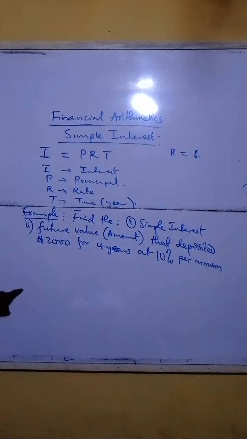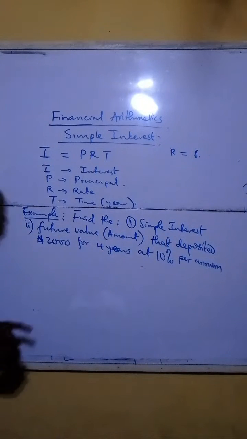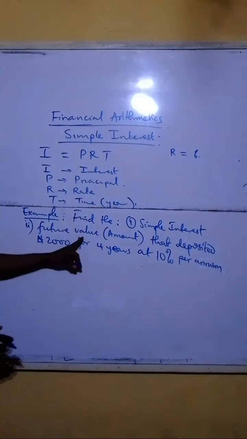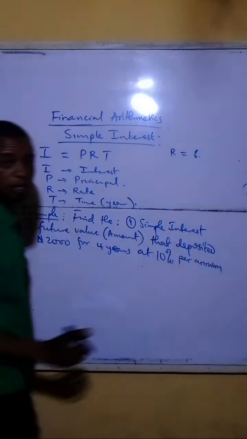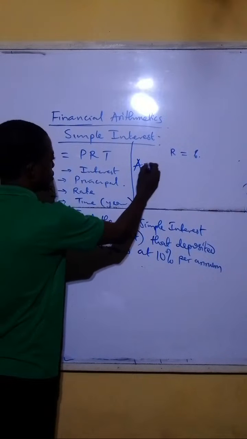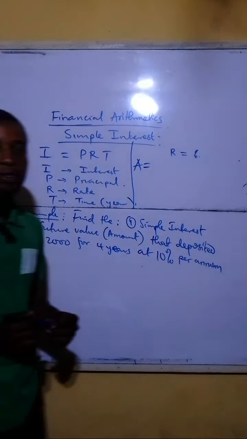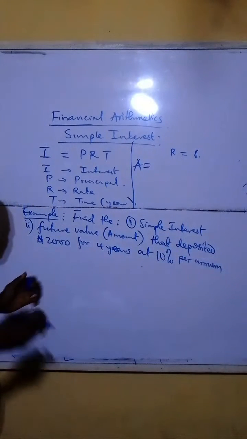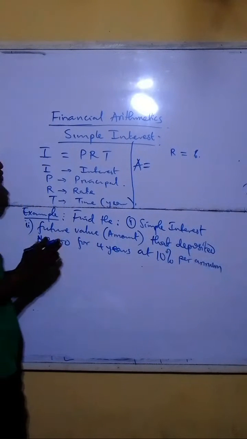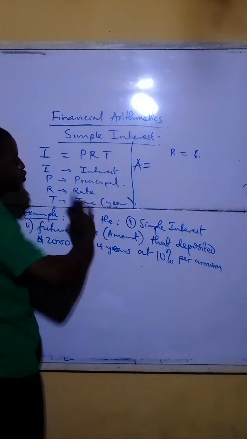Now, from what we have in this particular question here, we have to find the simple interest and the future value, which is amount. Now, we should understand that amount A means the total money we have in the account at the end of the year. So amount means that we have the principal plus the interest, the total money together.